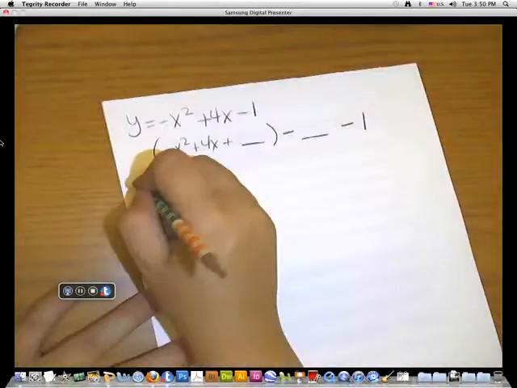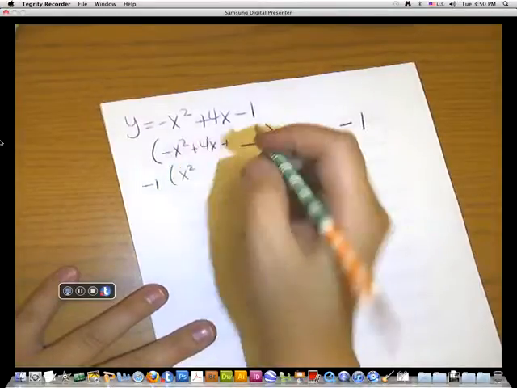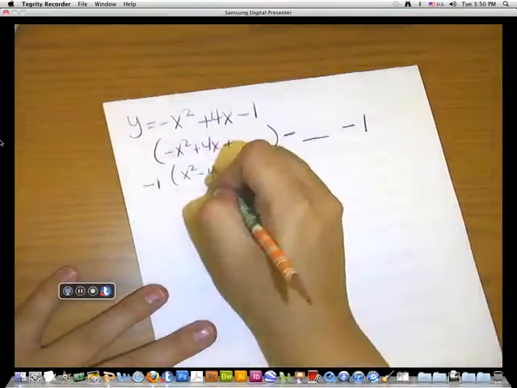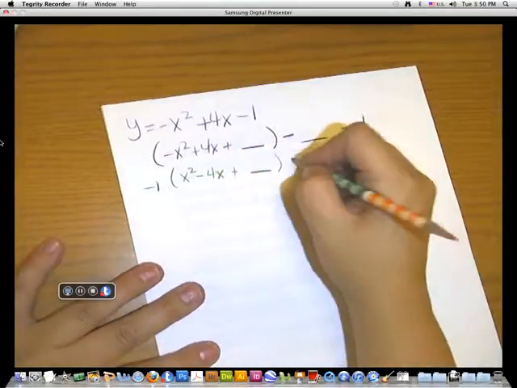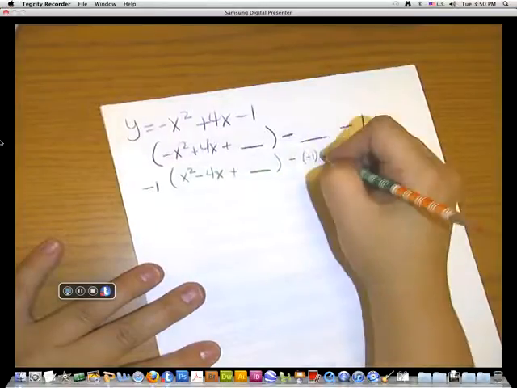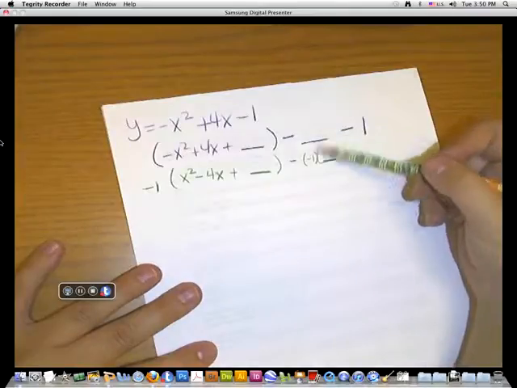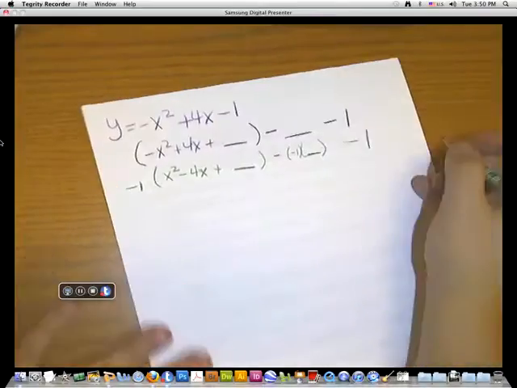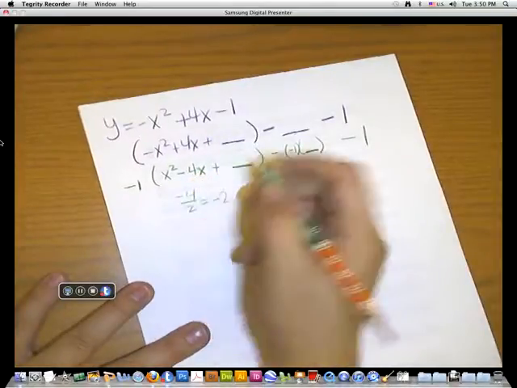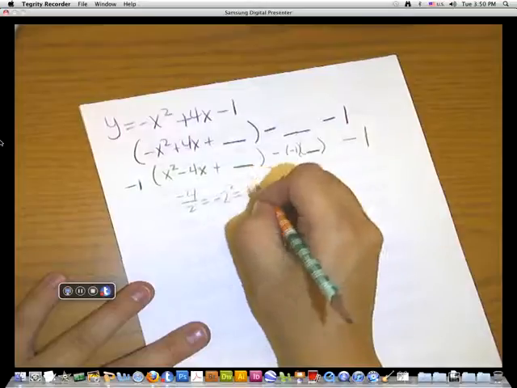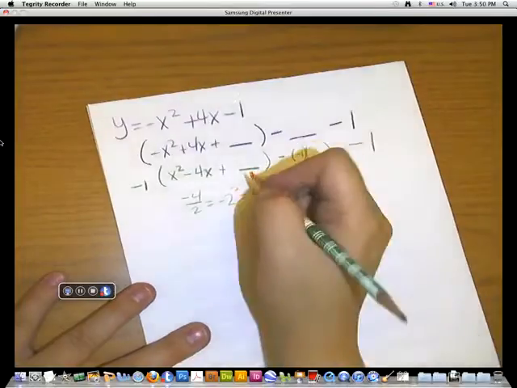But because there's this a, I have to take that negative 1 out first. So that's going to become x squared minus 4x. And that means I have to multiply whatever that is out there. Take the middle term, divide it by 2, square it, and that's what's going to go into those locations.